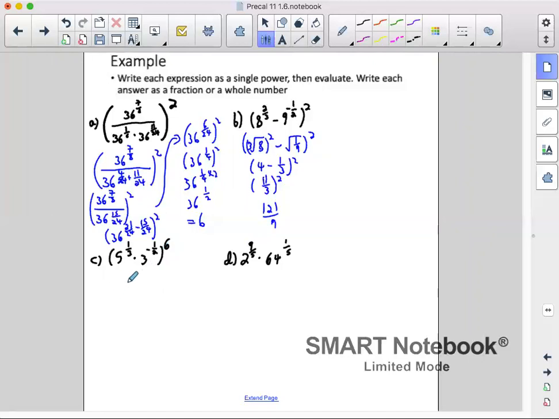So that gives me 5 to the 1/3 times 6, times 3 to the negative 1/2 times 6. 6 times 1/3 is 2, so we've got 5 squared, and 6 times negative 1/2 would be negative 3. We've got 25 times 1 over 27. So that gives us 25 over 27.